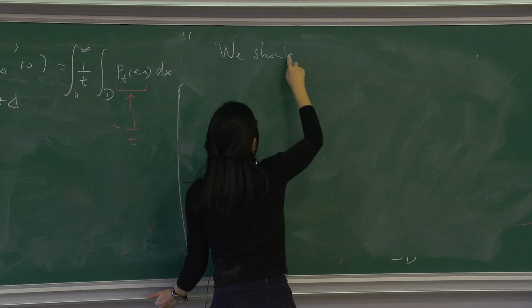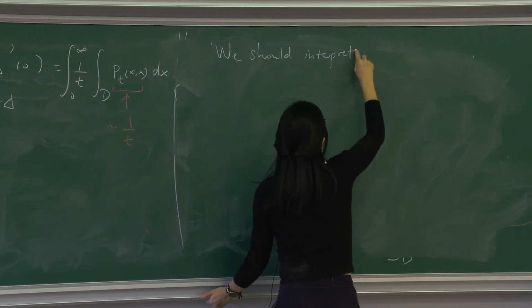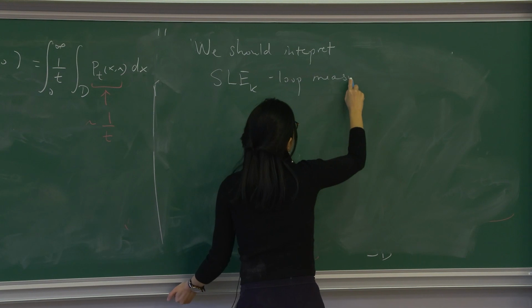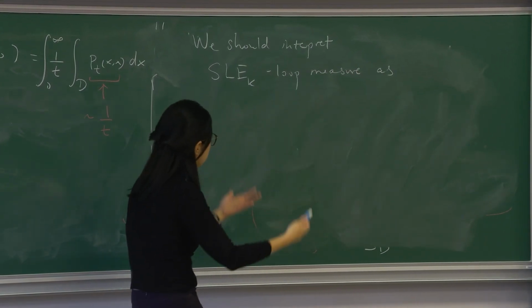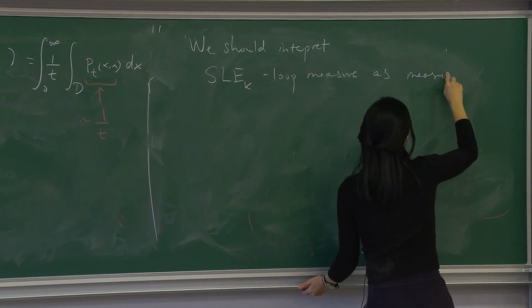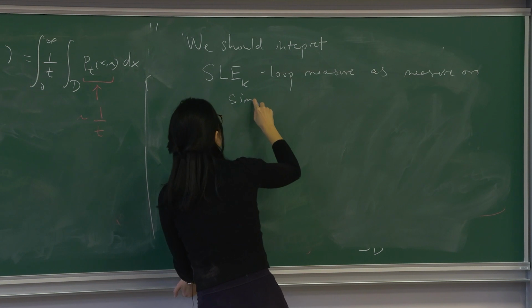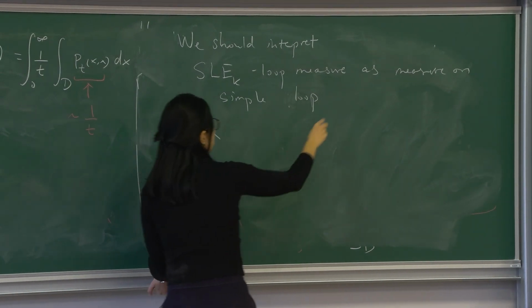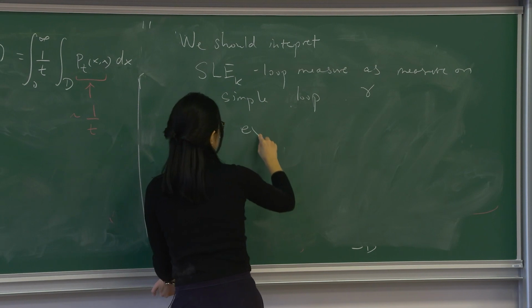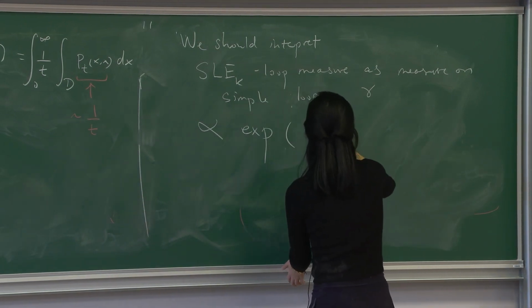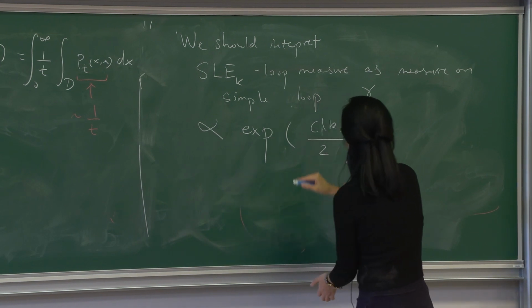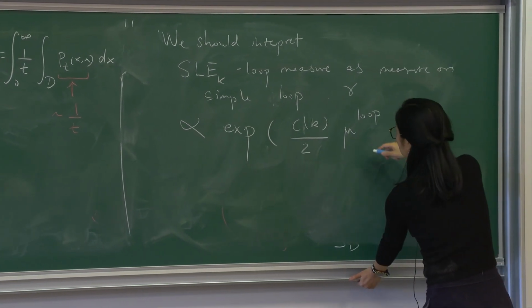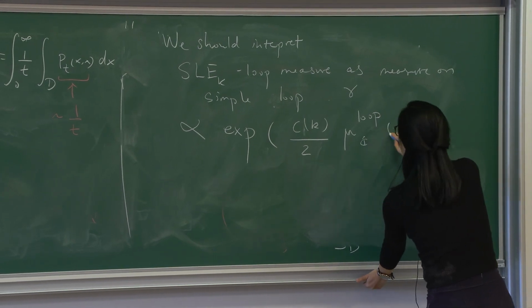We should interpret the SLE loop measure as a measure on simple loops gamma which has the density exponential of c kappa over 2 times the Brownian loop measure on the sphere touching gamma.